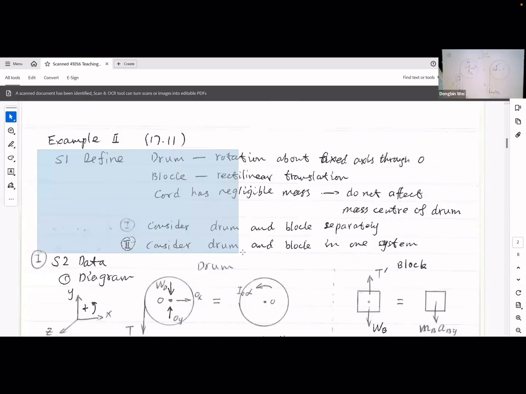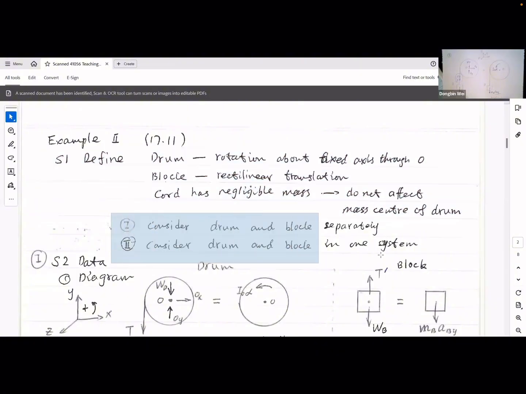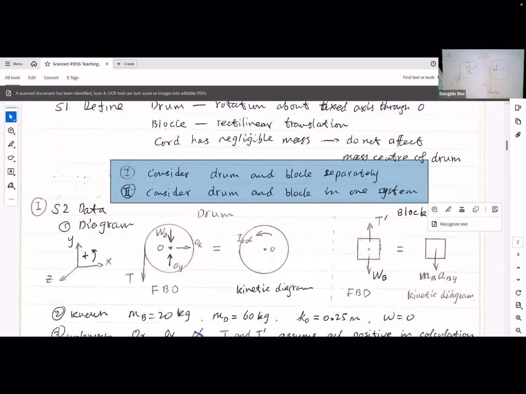So firstly, to define this problem for the drum, for the block, and also notice the cord has negligible mass. Okay. Negligible mass. For the solution, we have two methods. One is to consider the drum and the block separately, and one to consider them in a system.